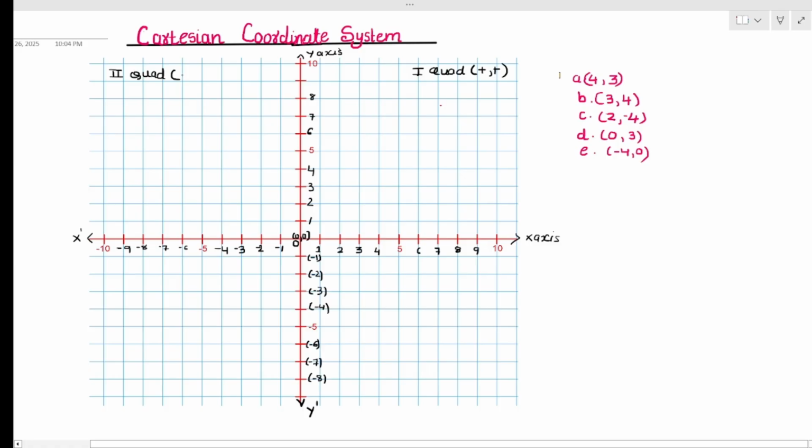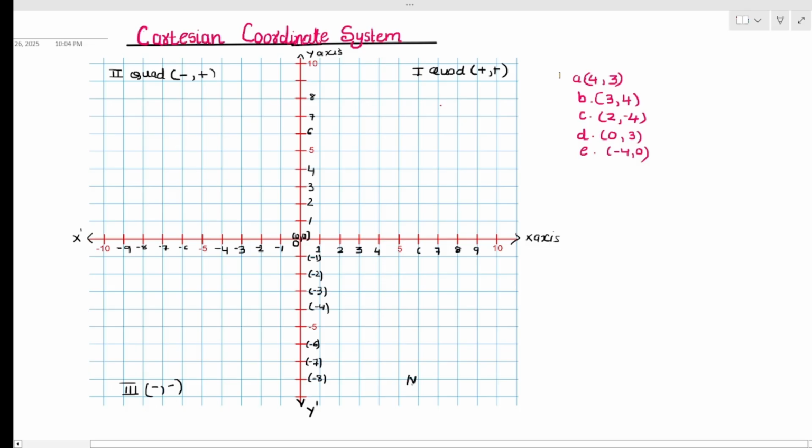So, the sign over here will be minus, plus. This is my third quadrant. My x-axis is negative, so I will write minus, and my y-axis is also negative. So, my third quadrant sign is minus, minus.